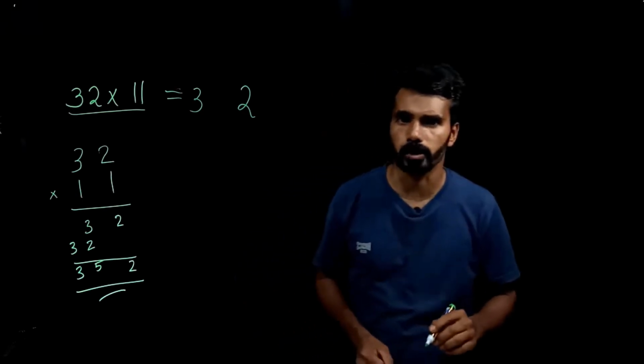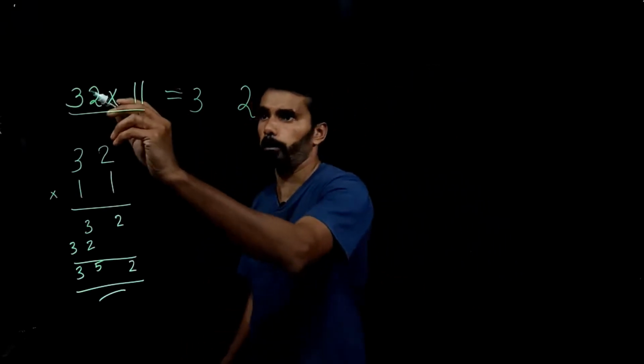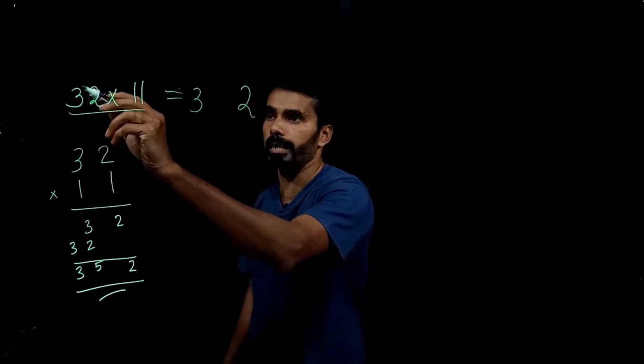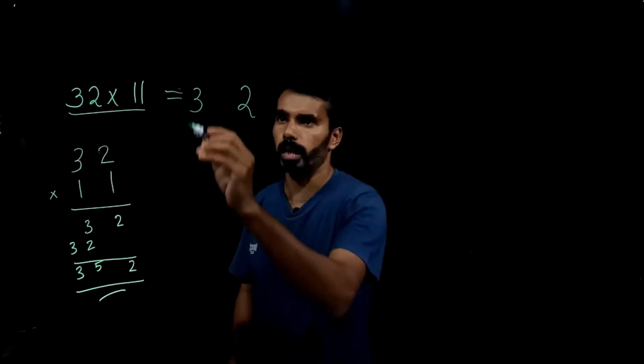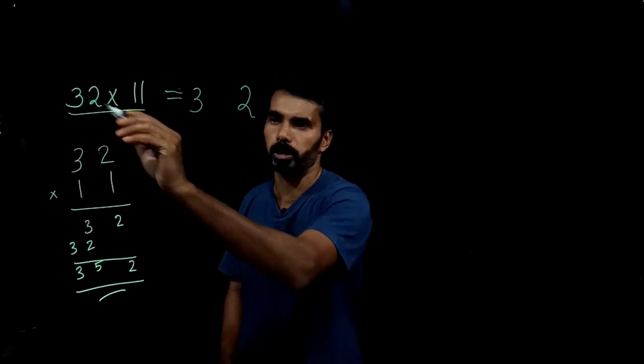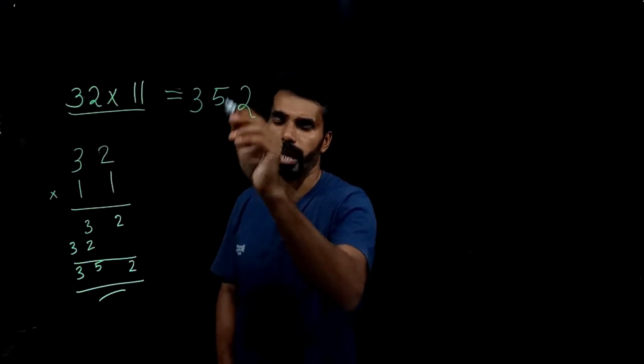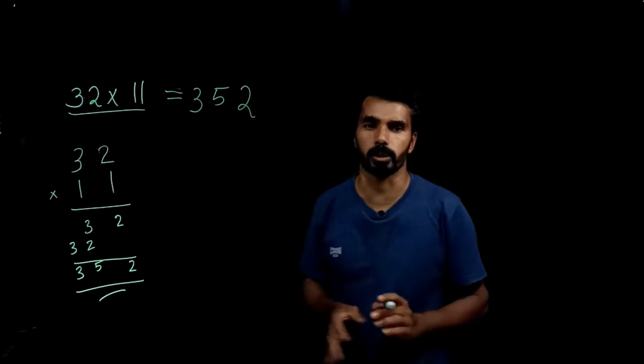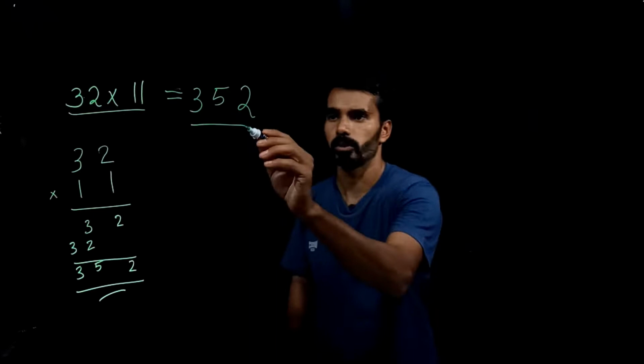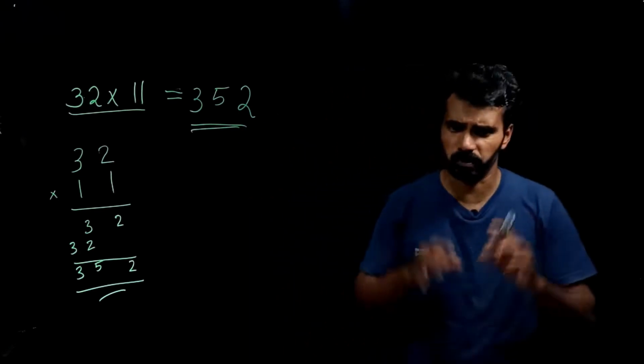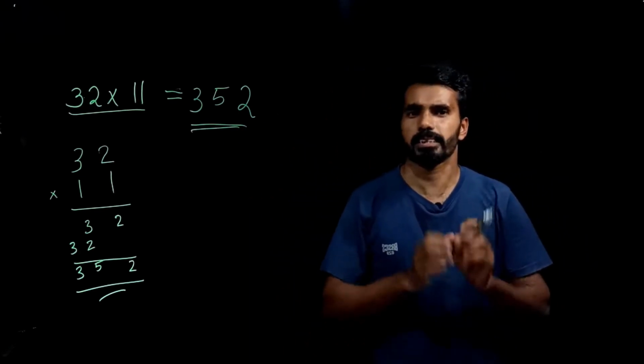Now we add these two digits, that is 3 plus 2. What is 3 plus 2? 5. That 5 we write in between these two digits. So the answer is 352. A very simple method. It's very interesting.